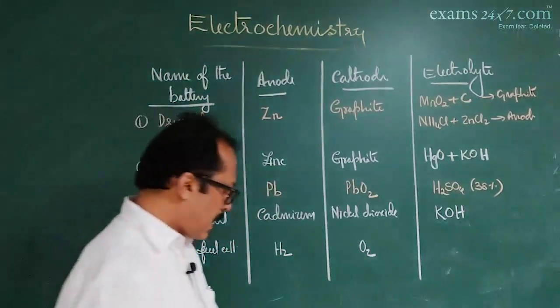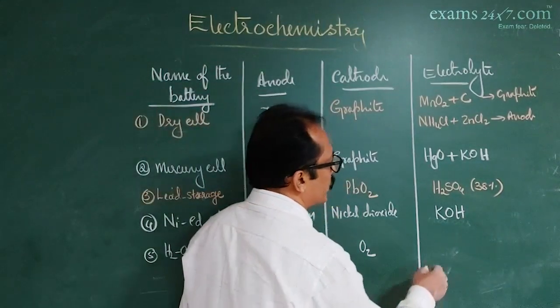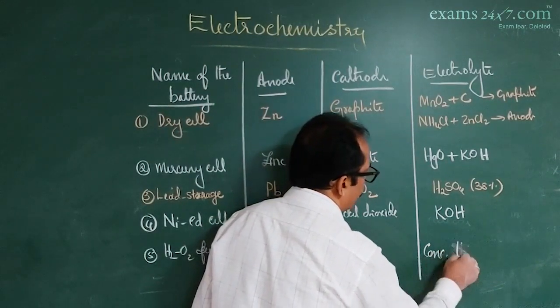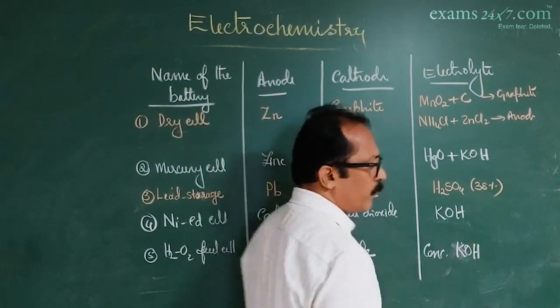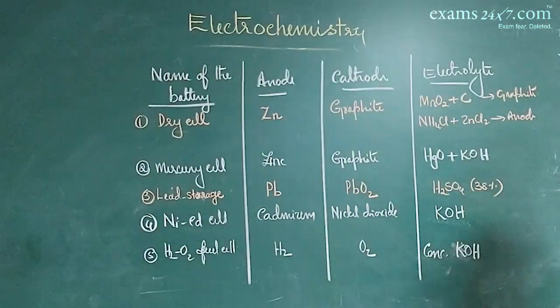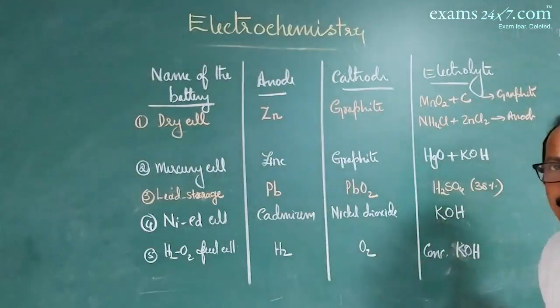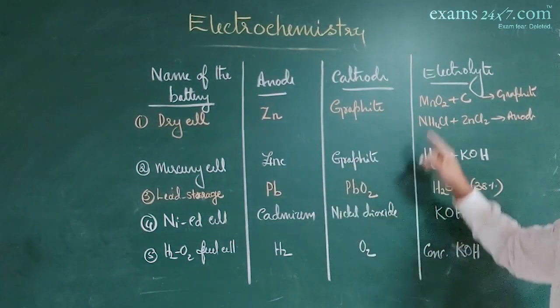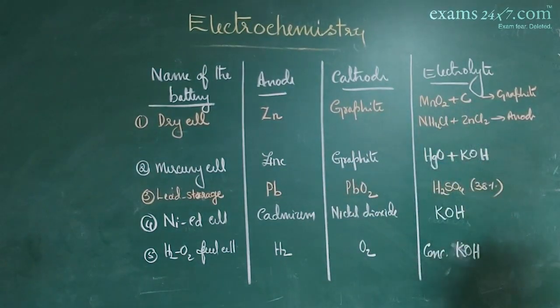Here also, the reaction takes place in the presence of concentrated solution of potassium hydroxide. So this is about different types of cell and which part acts as the anode and cathode with respect to their electrolyte.